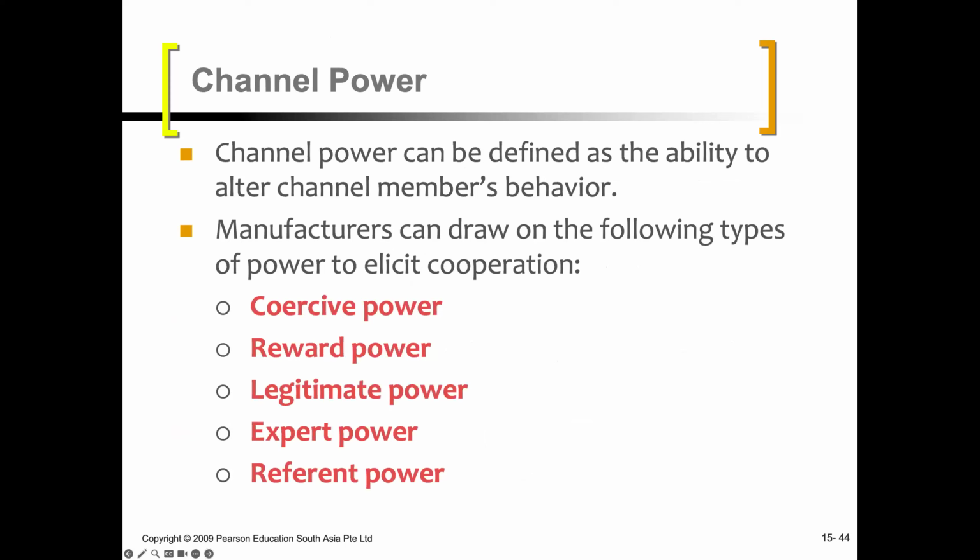Channel power can be defined as the ability to alter the channel members' behavior. The manufacturers can draw on the following types of power, including coercive power, reward power, legitimate power, expert power, and referent power.